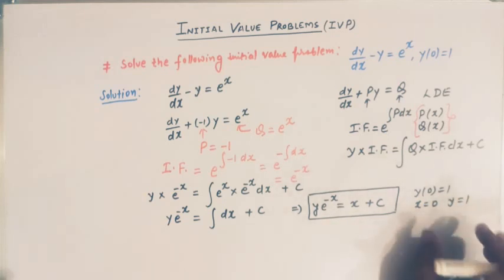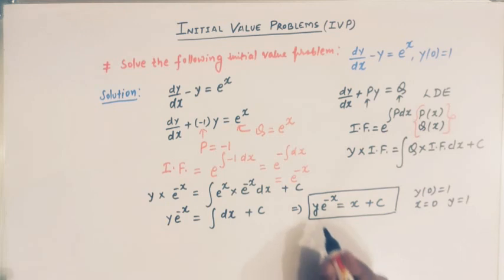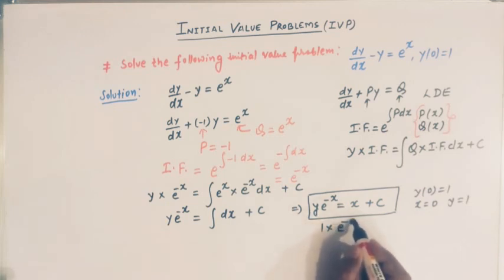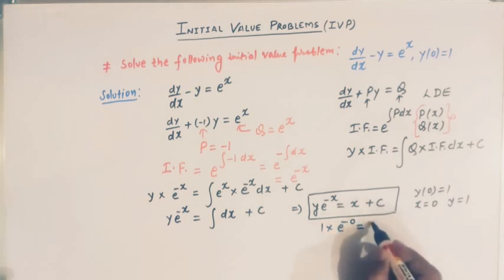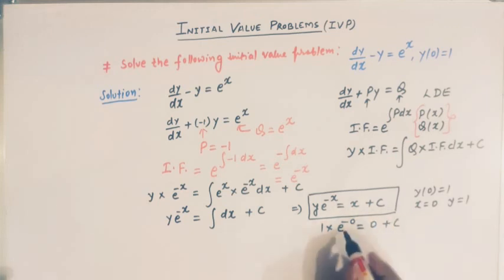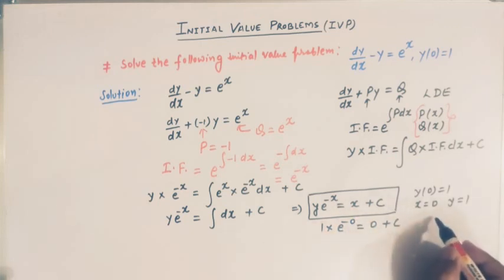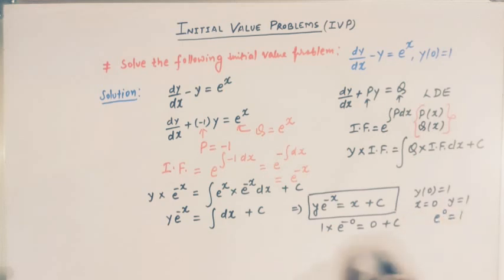So substituting these two values over here, we get 1 times e raised to minus 0 is equal to 0 plus c, and e raised to 0 is 1, so we have 1 times 1 is equal to 0 plus c, so c is equal to 1. So the value of c is 1.